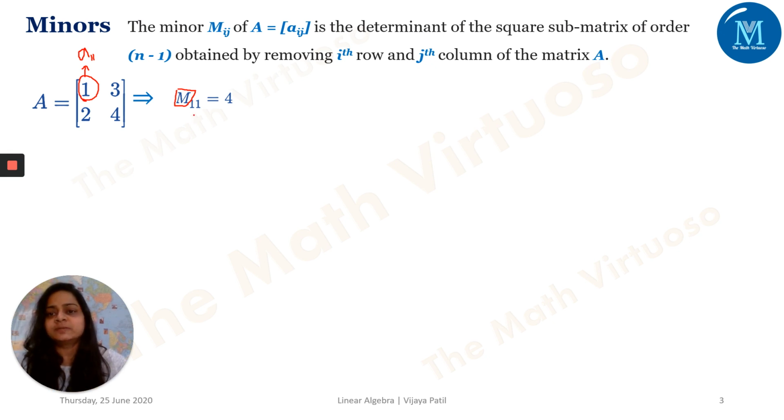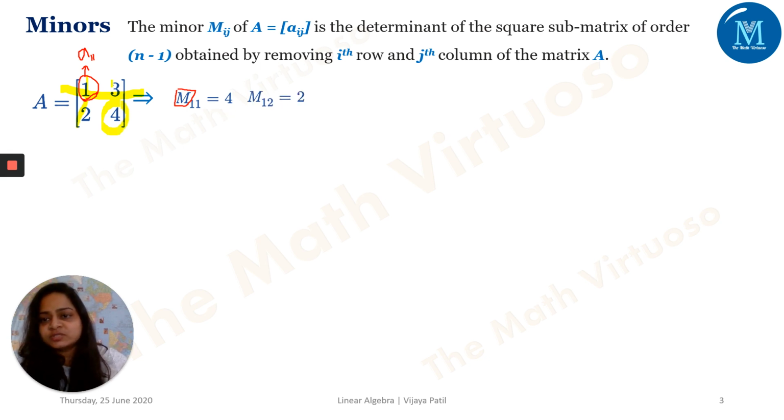It's a universal notation. So M11 means the minor of the element placed in the first row, first column. This minor is equal to 4, because I have to hide the first row and the first column, and the remaining element is 4.